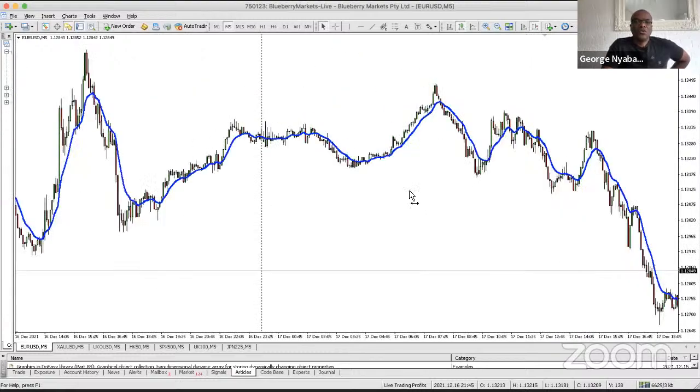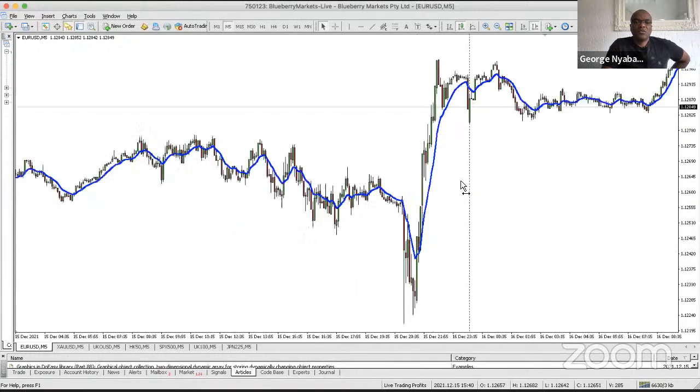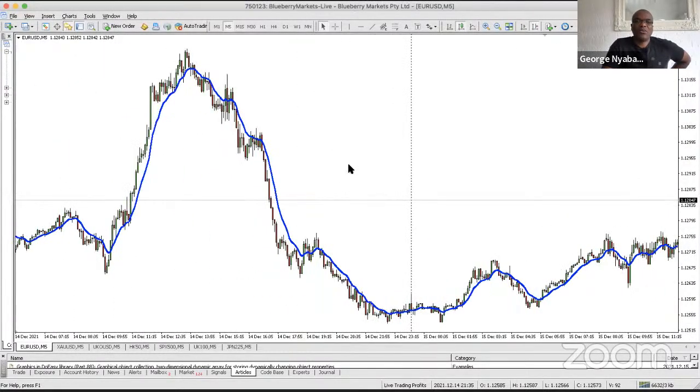Okay, so my recommendation is, go work this out and have a look for yourself and see the opportunities that are there in trading the first pullback to the 10 EMA after a breakout.